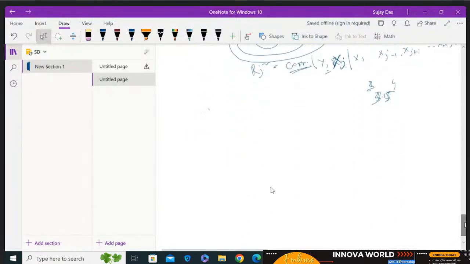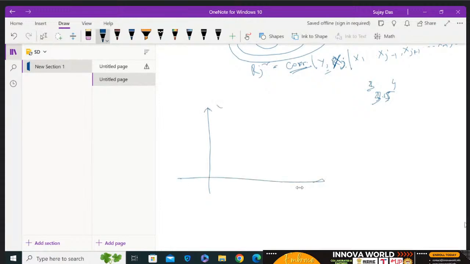Suppose this is your response variable y, and this is your predictor variable x. This is how the points look, this is the data cloud. The relationship between y and x is clearly positively correlated, with a trend line that goes through the center of the data cloud.